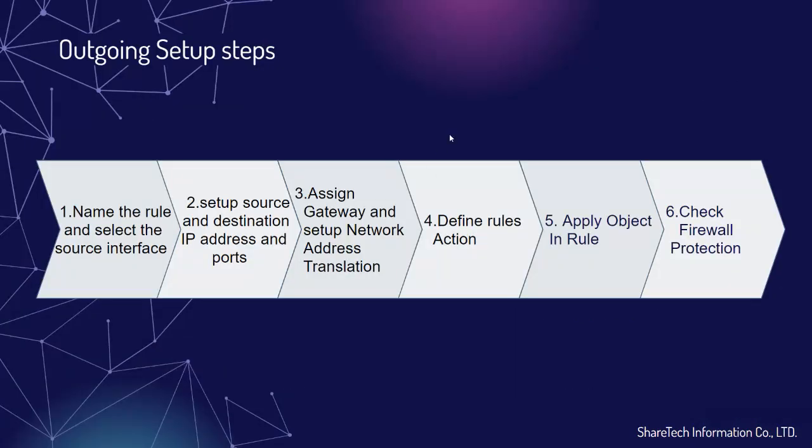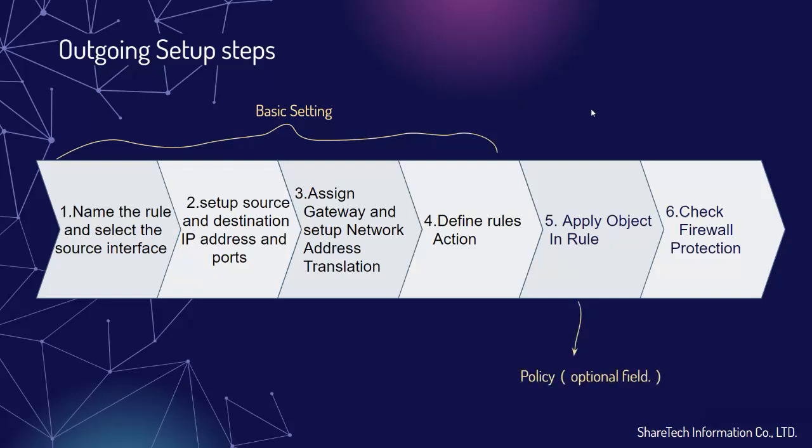The below is outgoing setup steps. The first 4 steps are the basic settings for the security policy regulations, and this part must be configured. Step 5, policy, is an optional field.